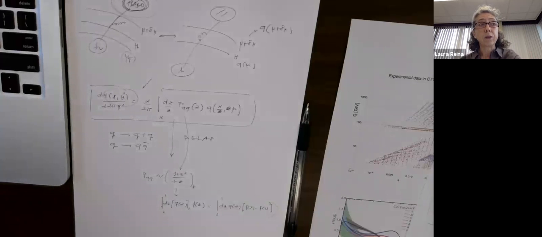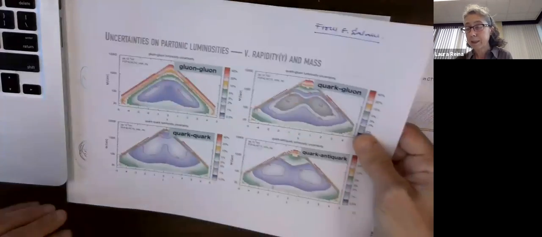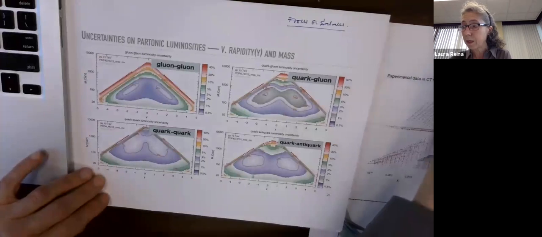And actually, to give you the idea, I had a plot that I didn't show because I thought that probably it was time to move on, but given the question, I wanted to show this to you.